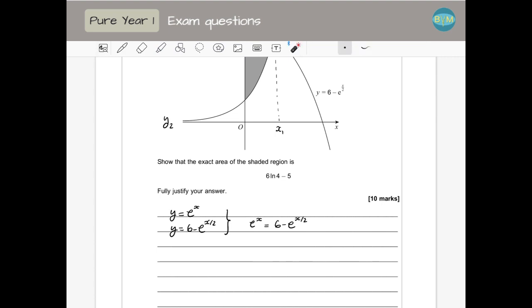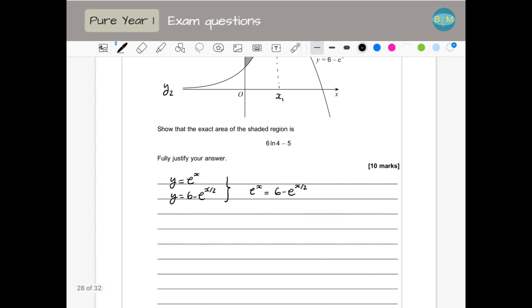If you notice, this is some function, and this is the same function squared. Yeah, so e to the power of x is e to the power of x halves squared. So we can work with it as a quadratic. We have e to the power of x plus e to the power of x halves minus 6 equals 0, which is the same as having, for example, y squared plus y minus 6 equals 0.